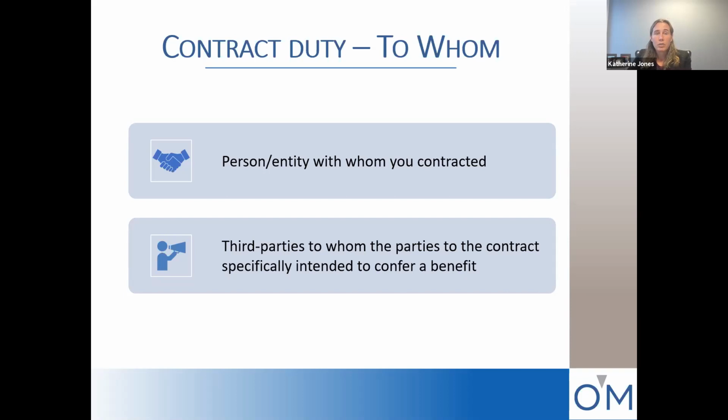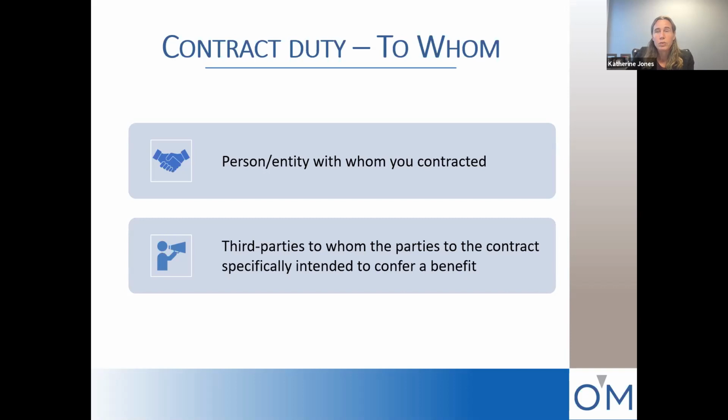So sometimes to avoid that outcome, you will see contracts that say things like the project owner is an intended beneficiary of this contract, which then confers contract rights onto the owner. Under Illinois law, however, if you want a third party to be able to sue on a contract, such as in that situation, you need to specifically designate that third party in your contract.